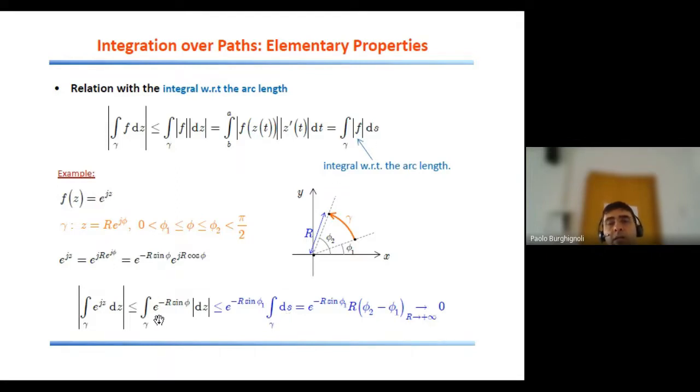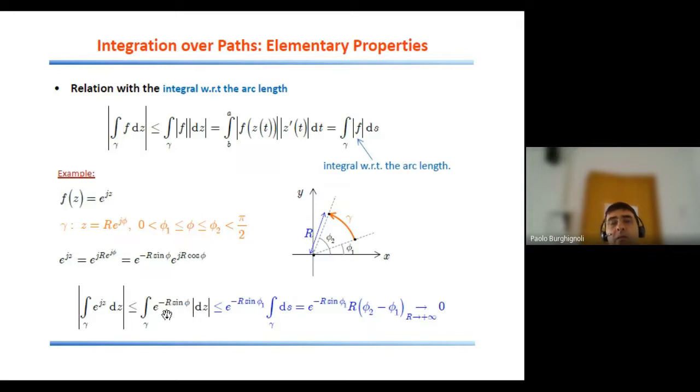Note that the sine function is increasing when the angle phi goes from 0 to pi over 2. So if we now, instead of writing sine of phi, we write sine of phi 1, which is the smallest value among those that the variable phi can assume, then what you get, because of this minus sign, is a number which is greater than or equal to the original exponential.